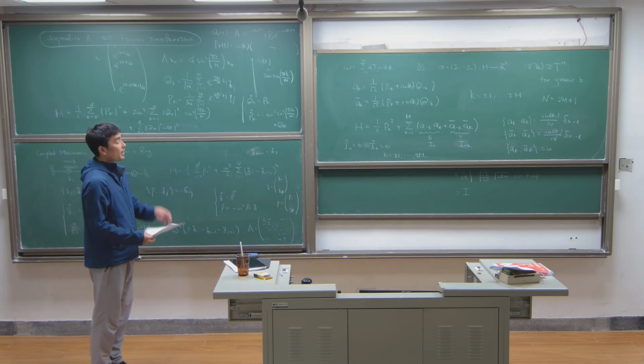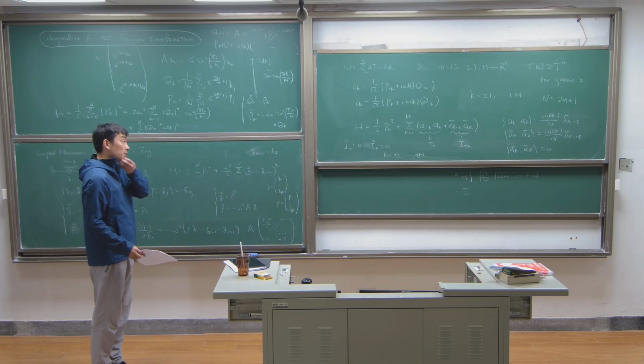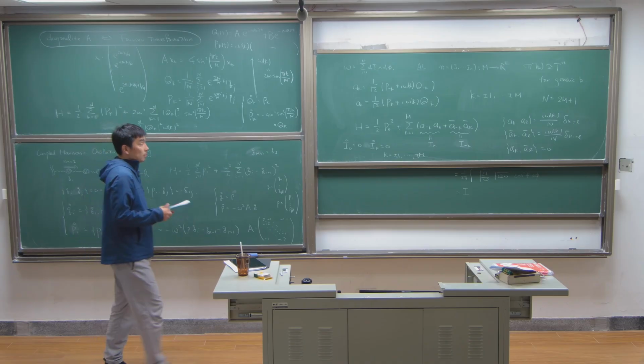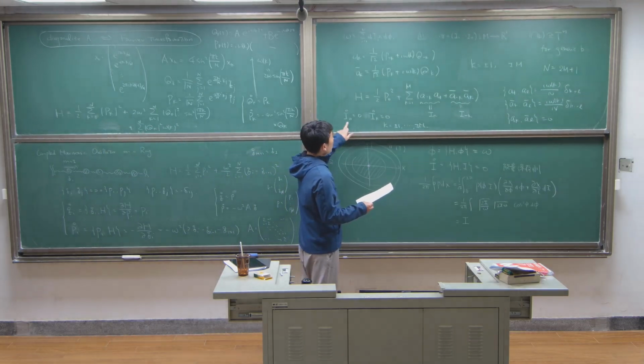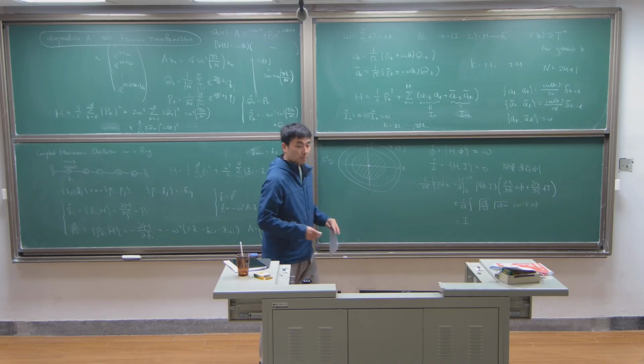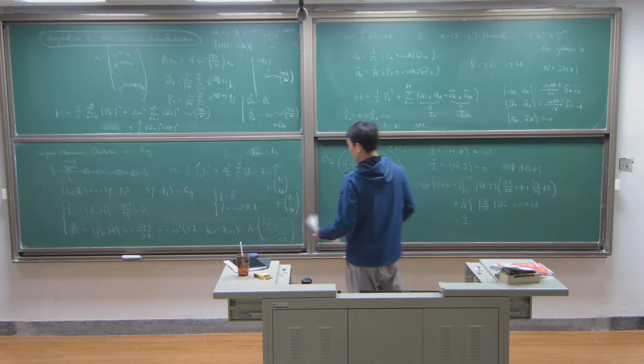So these I_k are conserved quantities, as you can easily verify. These are really the conserved quantities, including the Hamiltonian.